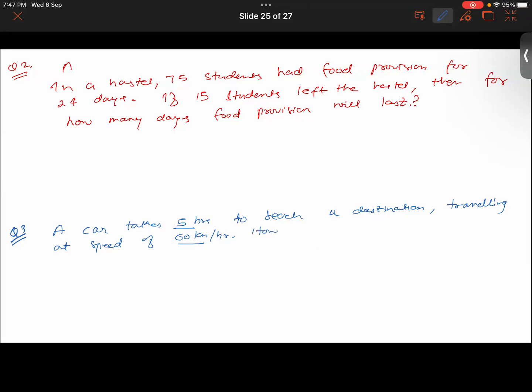How long will it take to reach the same destination if the car was traveling at a speed of 75 km per hour? So before even solving the question, first you will need to know whether it's a direct proportion or indirect proportion.